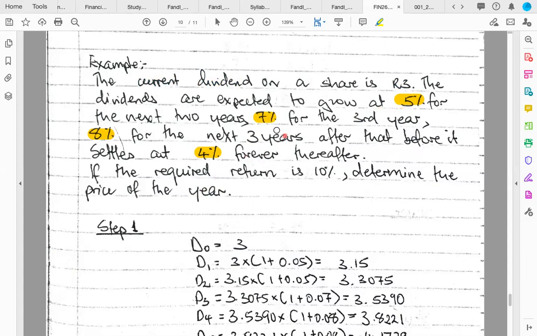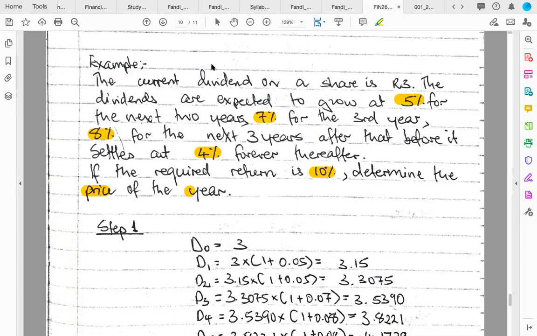So you notice we have different growth rates, variable growth rates, they are not fixed. If the required return is 10%, determine the price of the share. I'll fix this. It shouldn't say year, it should say share, determine the price of the share.